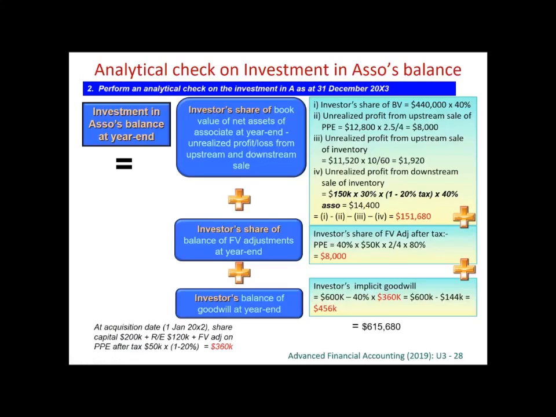So because of these three adjustments, you got a debit, credit, credit, credit. So the book value of the net assets has gone down because of the three adjustments.